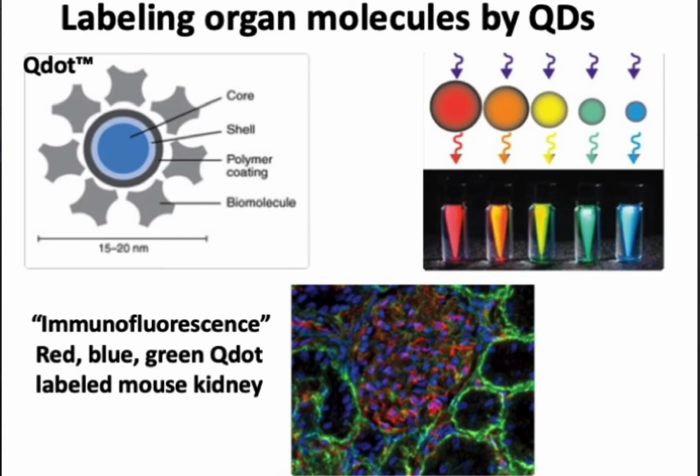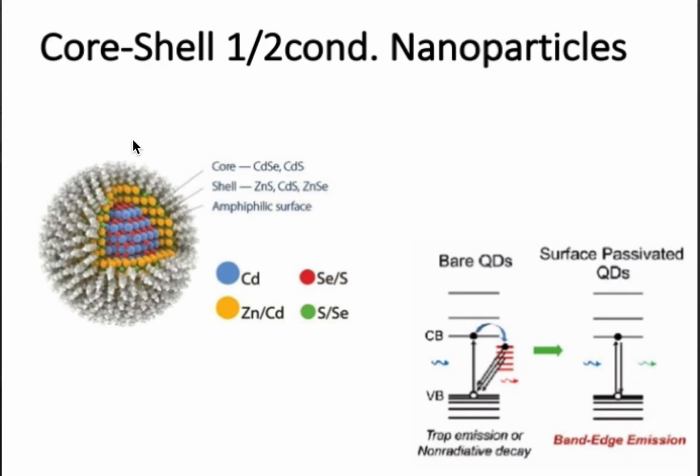These quantum dots shown here were of the so-called core-shell type. They typically have a semiconductor material in the core that determines the color, which is adjusted by their size. What is the purpose of the shell?